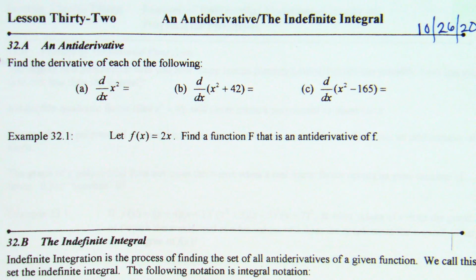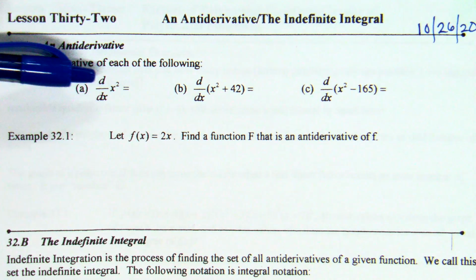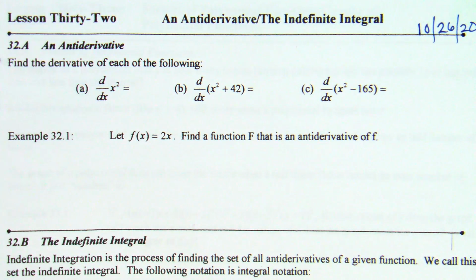Now, what we're learning is the antiderivative. To lead you in here, let's look at parts A, B, C. Find the derivative of each of the following. d dx of x squared is saying find the derivative of x squared in relation to x. So what is the derivative of x squared? 2x.